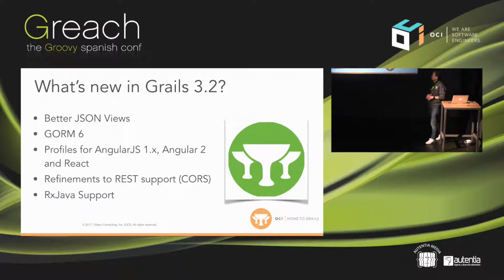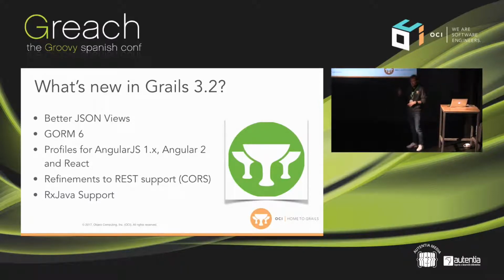So just a recap on what's new in Grails 3.2, which I think we released last year, in September, the initial GA version. It was an advancement on Grails 3.1.